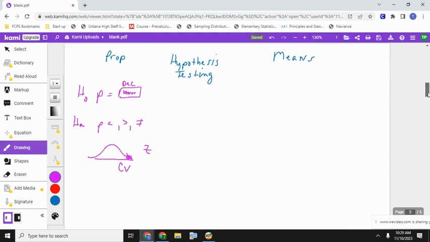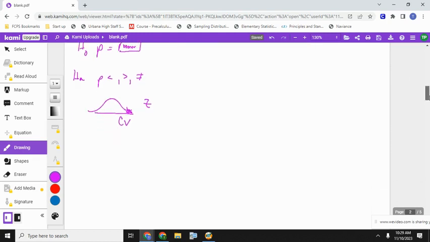Then after you do your critical value, you do the formula for Z, which is p hat, that's your sample, minus your population p, over the square root of pq over n. The rest of it is all population. These are the numbers from the H0.